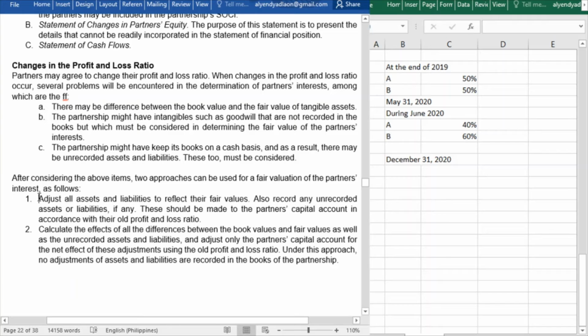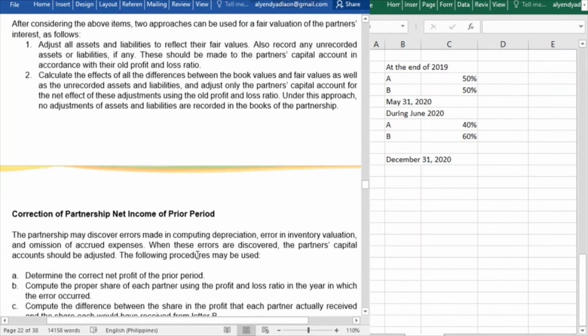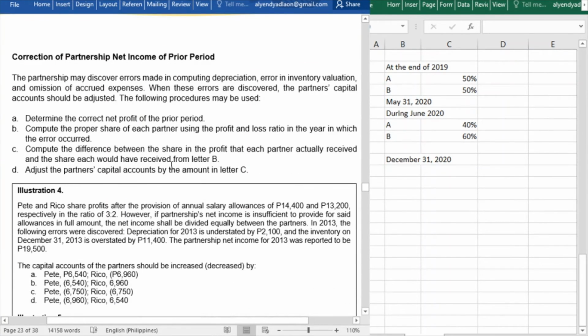We can adjust all the assets and liabilities, and any credit or debit shall be made to the partners' capital accounts, or just simply calculate the effects of these differences, and then there will be no need for adjustments to the specific assets and liabilities, and then adjust it still to the partners' capital accounts. Now next, correction of partnership net income of prior period.